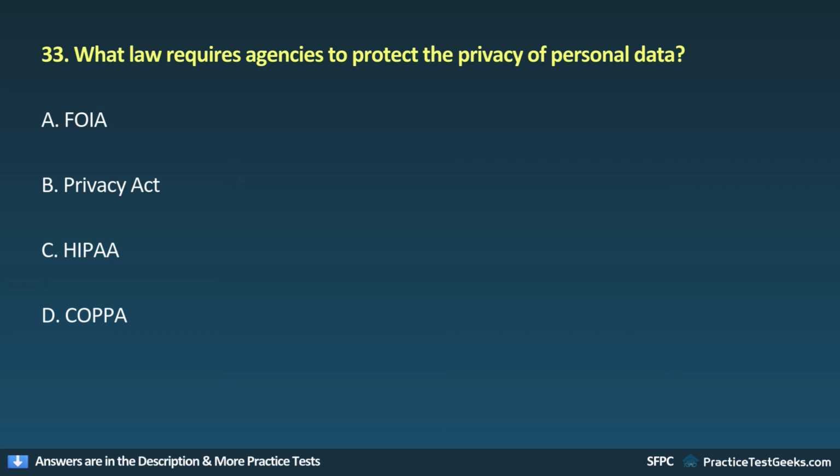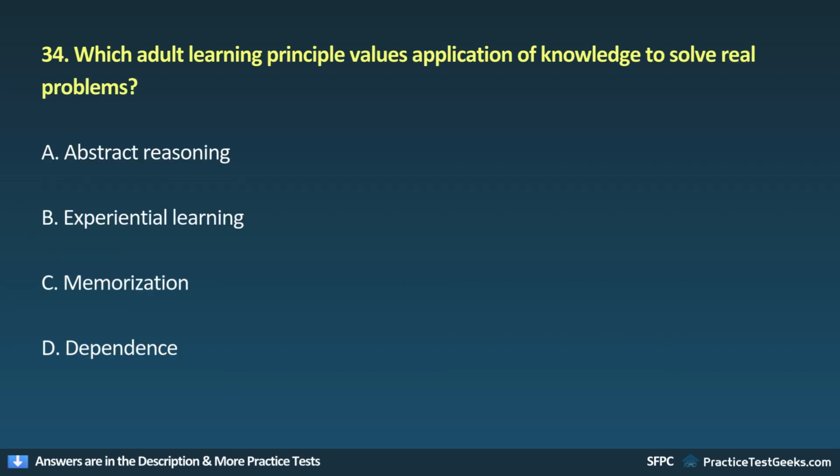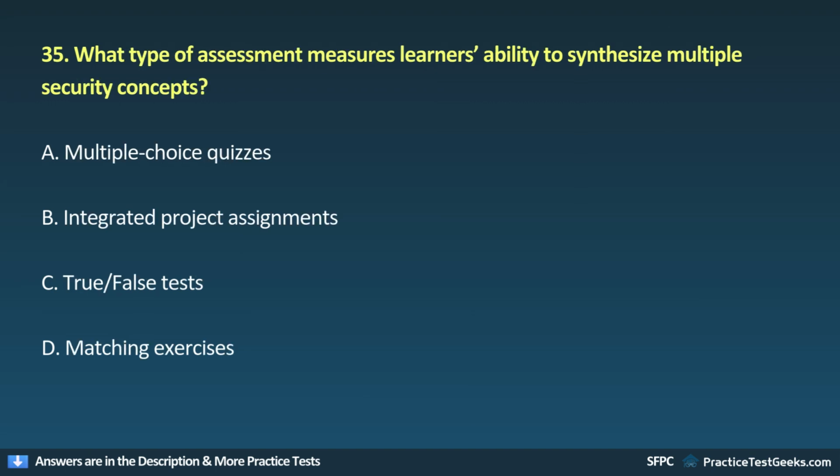D. COPPA. 34. Which adult learning principle values application of knowledge to solve real problems? A. Abstract reasoning. B. Experiential learning. C. Memorization. D. Dependence.